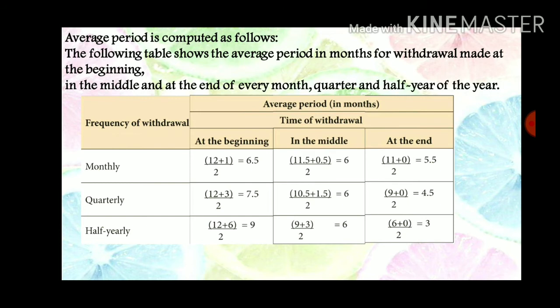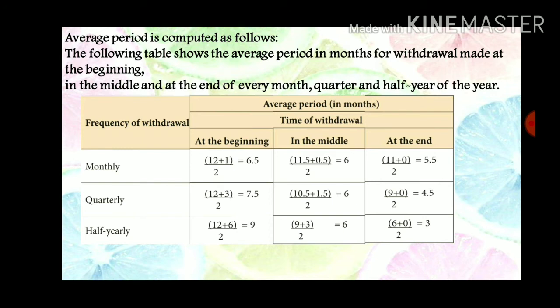The average period is computed as follows. The following table shows the average period in months for withdrawals made at the beginning. So it's a very, very important formula. Through this formula you can easily calculate the interest on drawings for the average period method. So students, listen carefully.